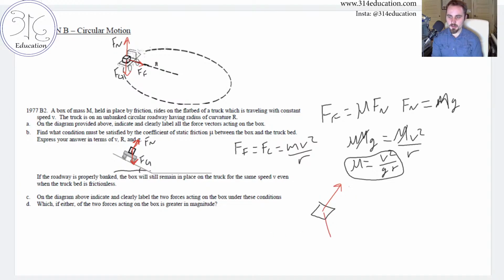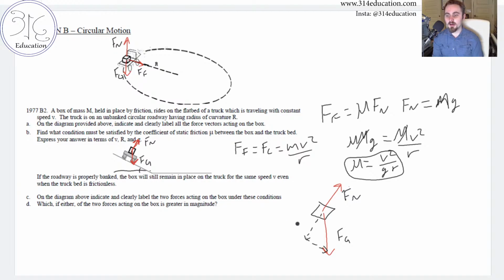And some, let's do this properly here. Fg will point straight down. We can do the trick that we like to do, where we break up Fg into components to align with the inclined plane. I actually thought they were going to make us do the part B again, but with an inclined plane, but they didn't.